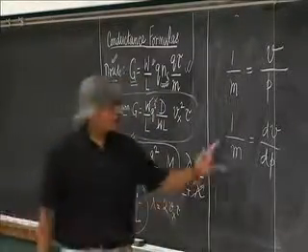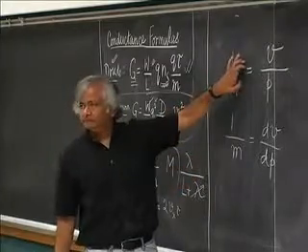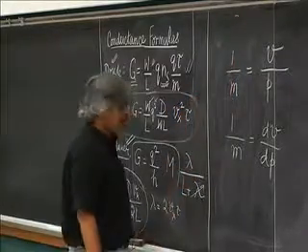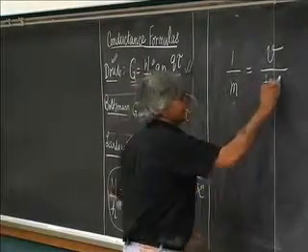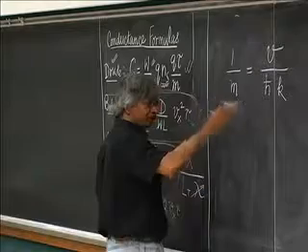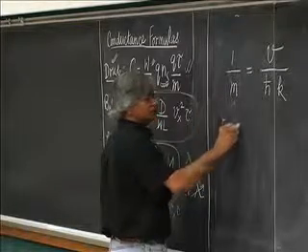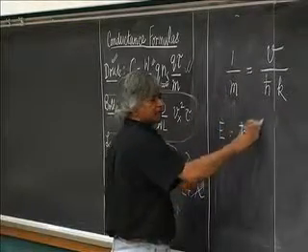See? But if you use this one, then what you get is something interesting. For V, I put h bar k, and for graphene, E is equal to h bar V times k.